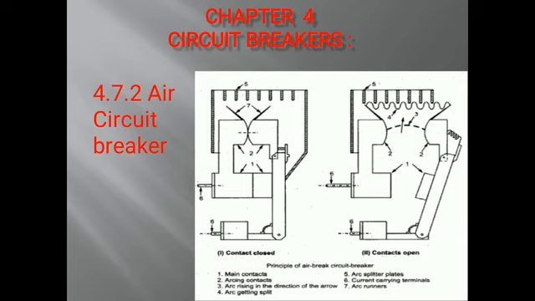Metallic separation plates are arc splitters. Initial arc will split into a series of arcs. This will make all arc voltage higher than system voltage. Arc runners are provided at the one end of arcing contact and upper side arc splitter plates are provided.